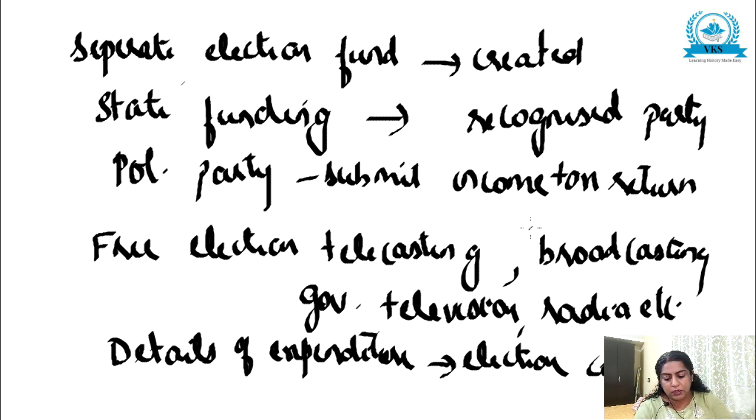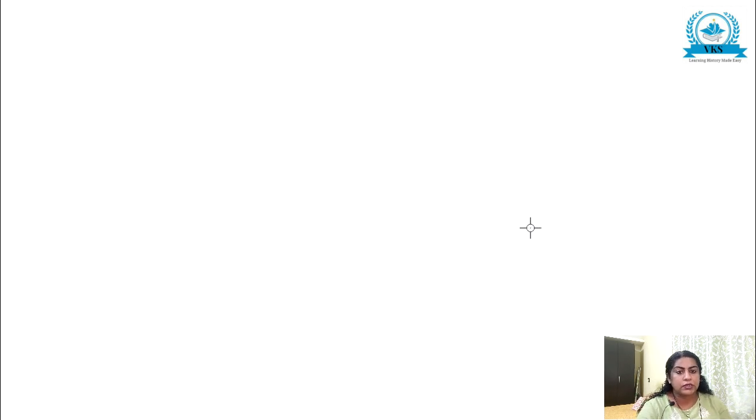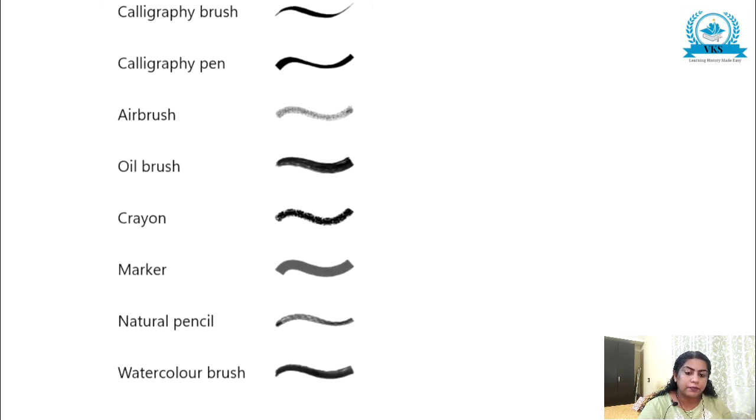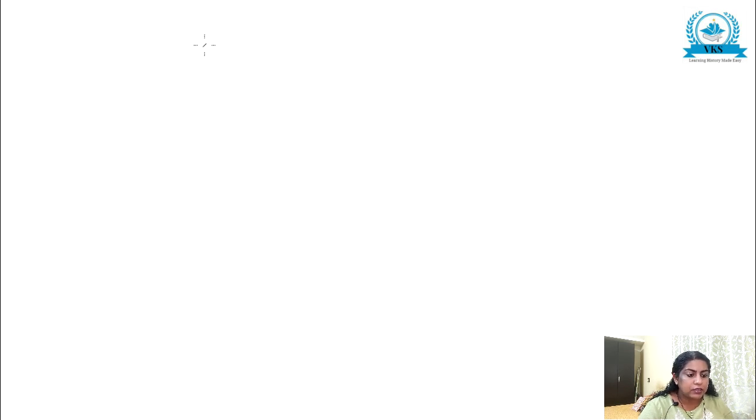So all these were the different recommendations made by the Indrajit Gupta Committee regarding state funding. The recommendations of the committee try to protect the sanctity of election and democratic values. Why are these recommendations made? Because the sanctity of election must be maintained and democratic values should be protected. Because of that, these recommendations were made.